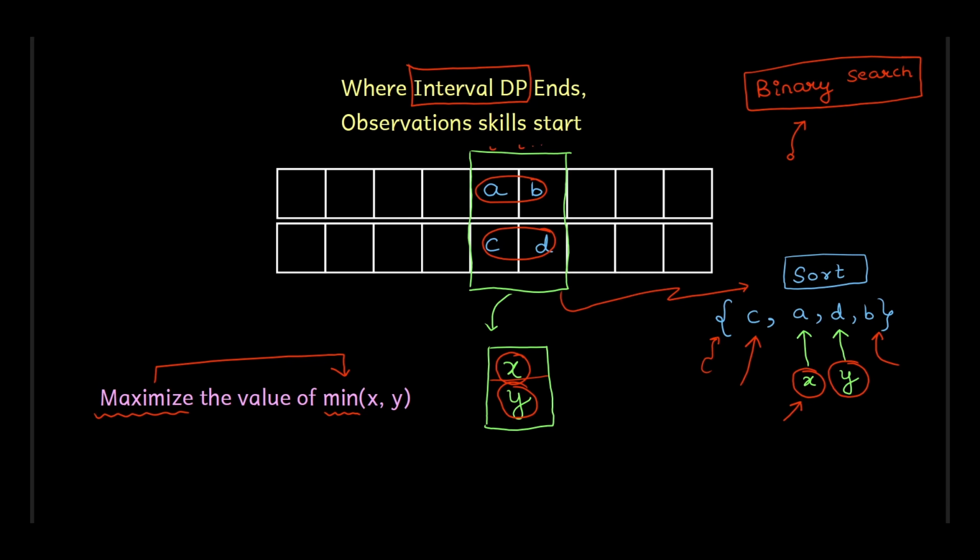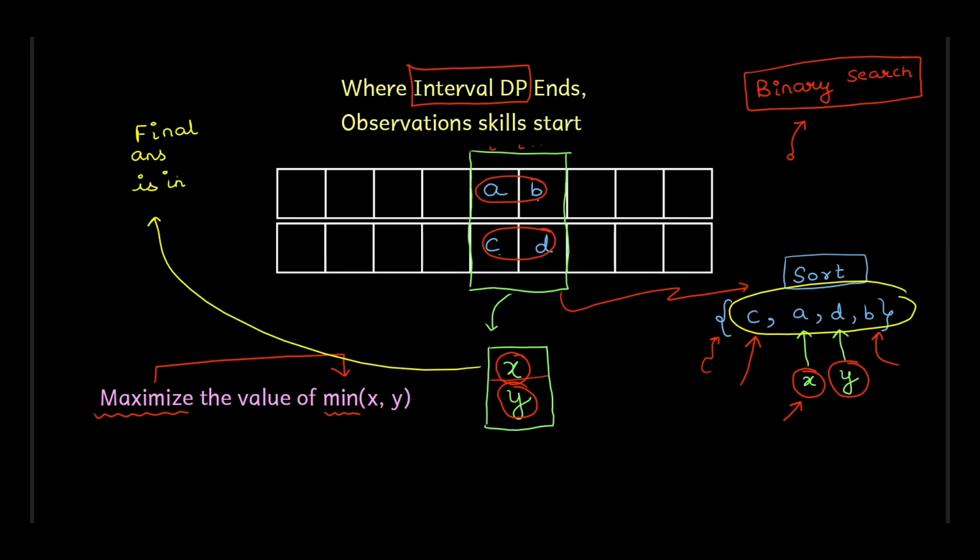Now, let's start with the first observation. You know that in one operation, you are taking this A, B, C, and D, sorting them, and replacing them with X and Y. So one thing that you can be sure of is that the final answer is in your array, because you are not introducing any elements from the outside world.